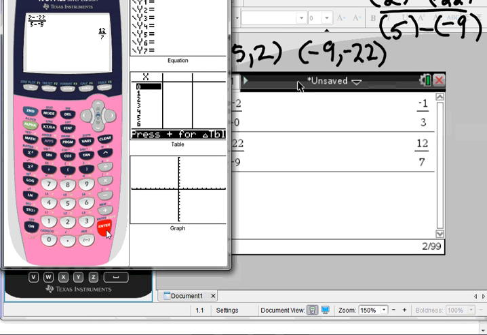Just work through the packet. I'll put answers on Schoology so you can check your answers. This is what we're working on. If we're ready to test tomorrow, we could, but I think you need more practice with the slope formula. That's the last page.